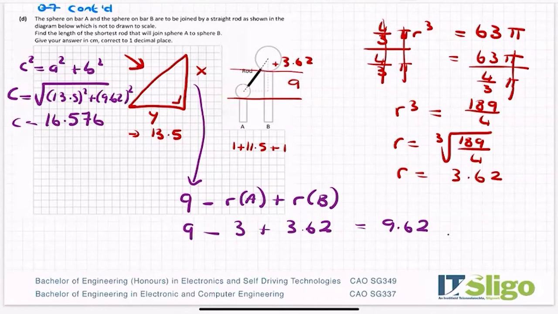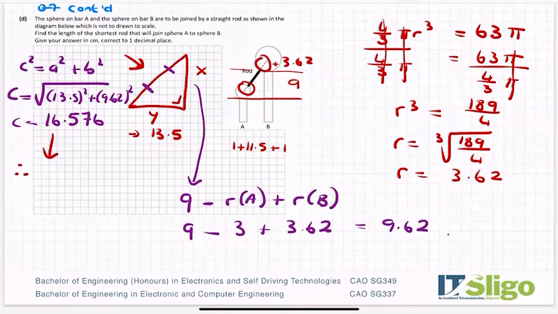But remember, that rod is really just there. Can you see it? What I have worked out is from the center to the center, the whole length of that side. So I need to again subtract off the radius from here and the radius from here.